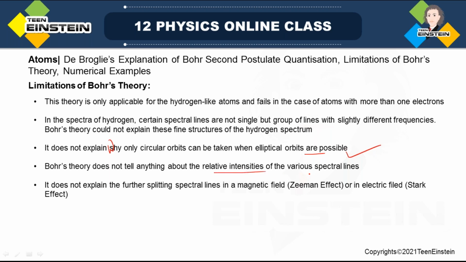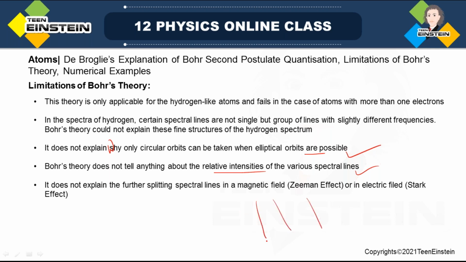This I have already told: the relative intensity of various spectral lines could not be explained. That means the probability, why some transitions are more probable and more frequent, and some are not. It also does not explain further splitting.